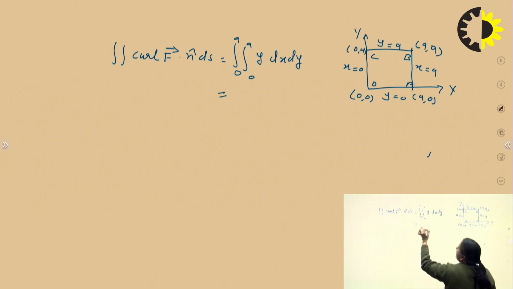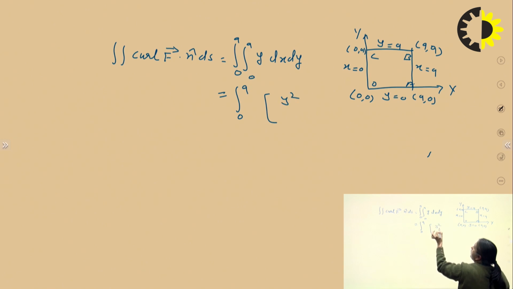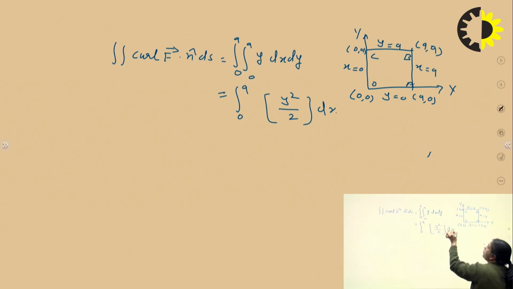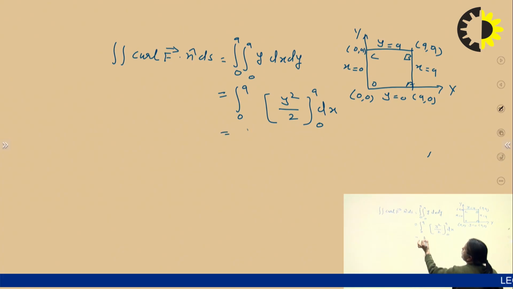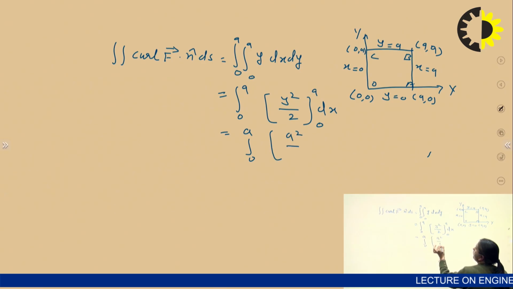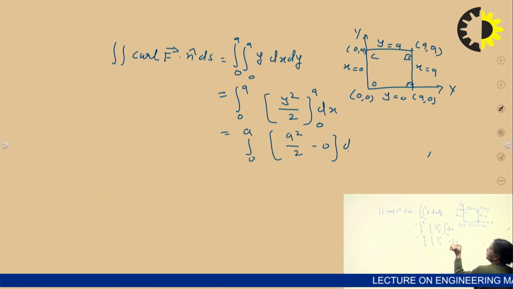So if we integrate y dy, we get y square by 2 for the limit 0 to a, that is a square by 2 minus 0, dx.